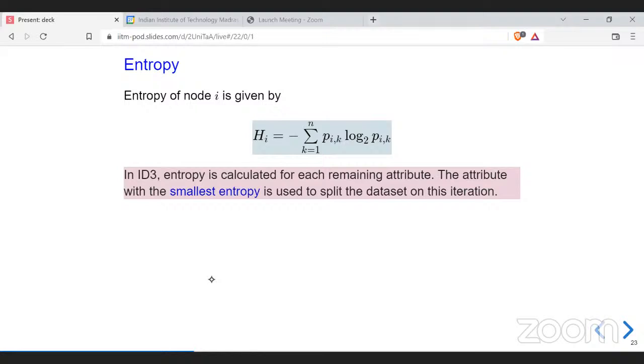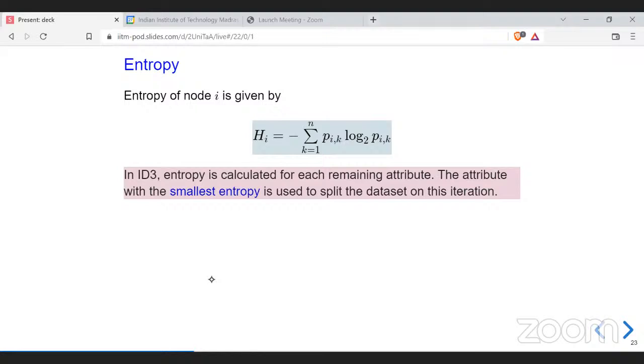Why are you taking log 2, sir? This is how you define your entropy. You must have come across this formula in logistic regression, right? Cross entropy. This is how you define randomness in the data set. But in that, we are taking natural log, and here we are taking log base 2.